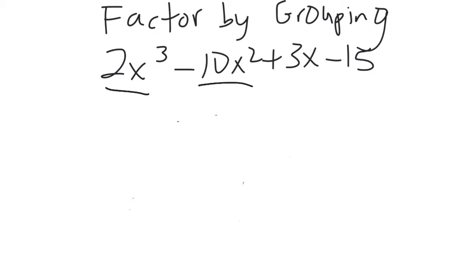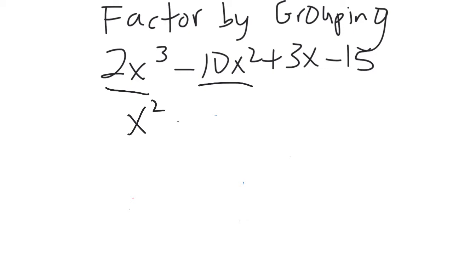The easiest way to do it with letters is to look at the letters and find the smallest of the two, because you can't take out more than any term can give. If I look at the smallest of the two, I can take out an x squared. That way, this x cubed does have an x squared in it, and the 10x squared only has x squared. I can't take out x cubed because 10x squared doesn't have enough x's to do that.